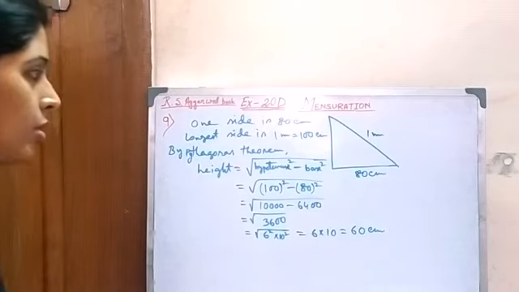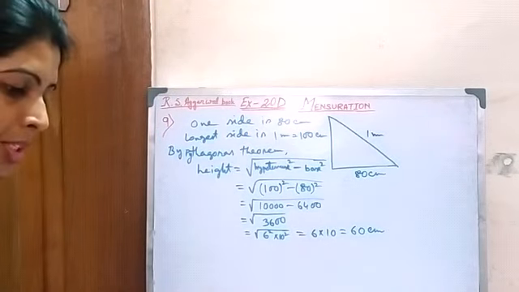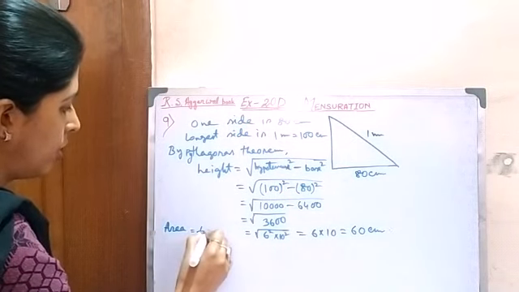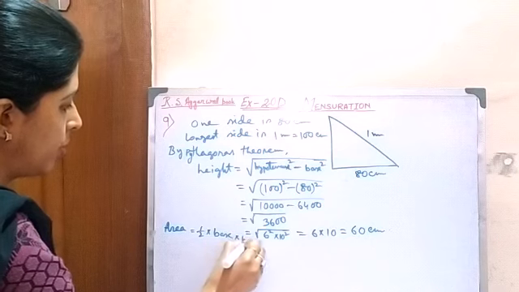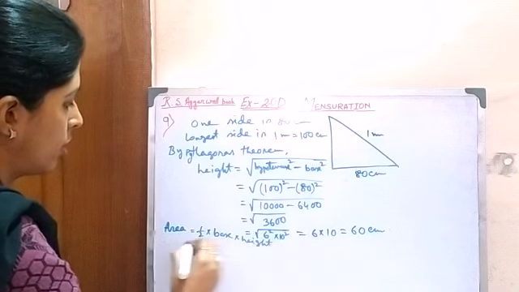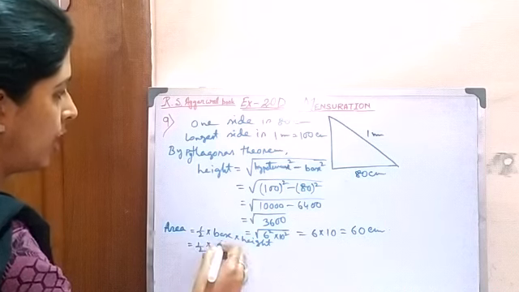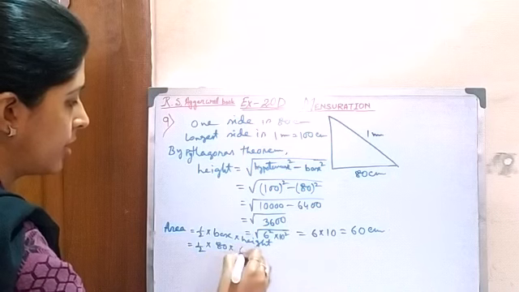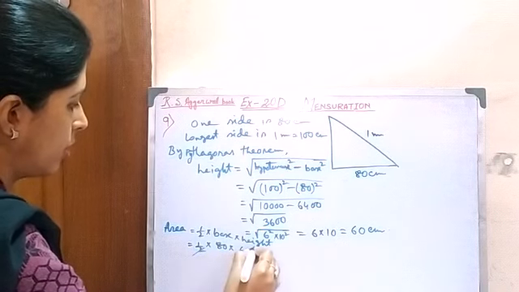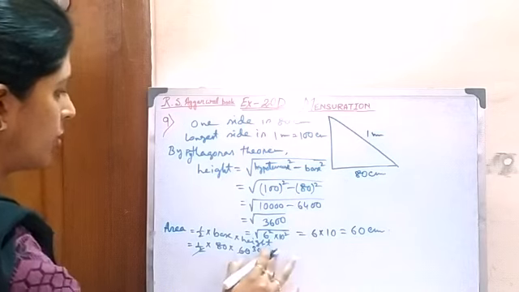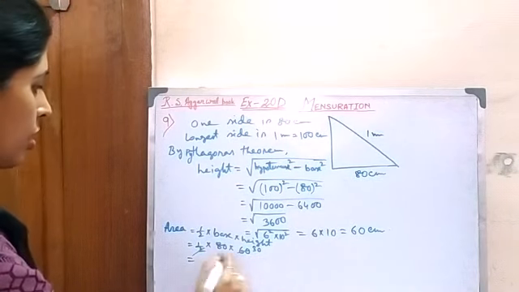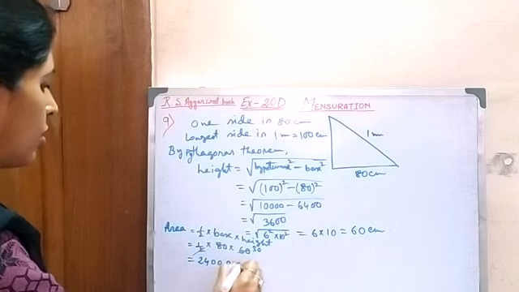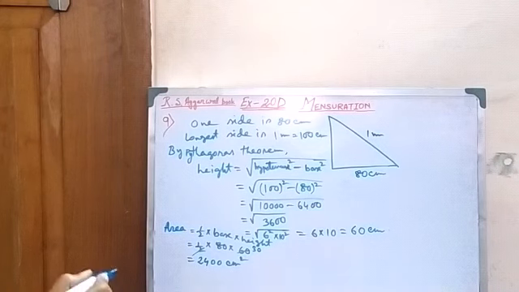Now we can find out the area. Area equal to half into base into height. Now we put the value of base and height. Base is 80 into height is 60. It is 2400 centimeter square.